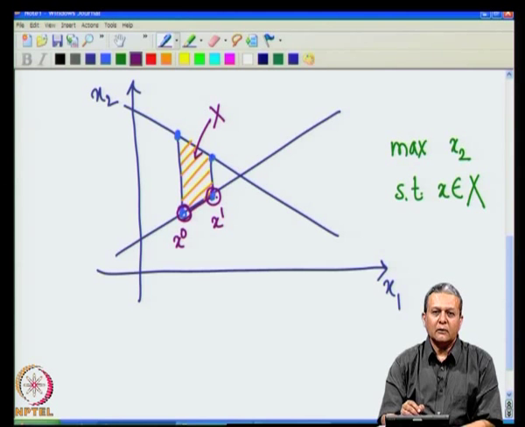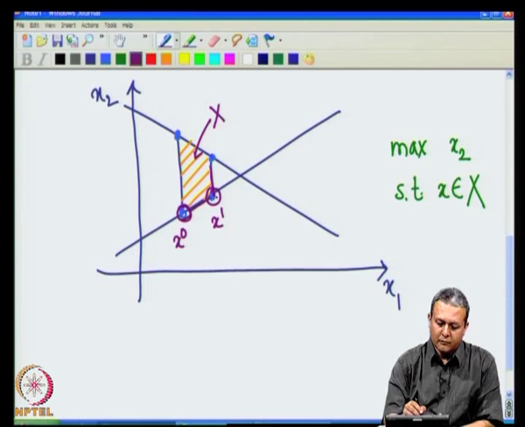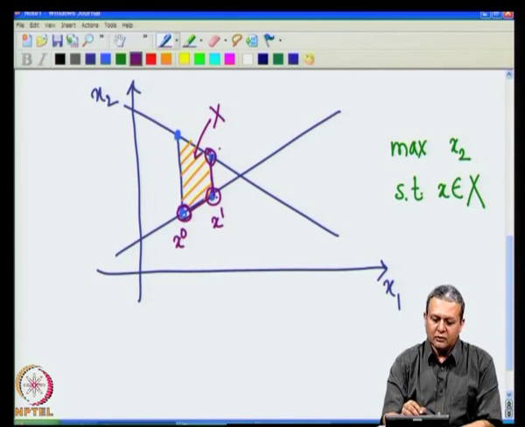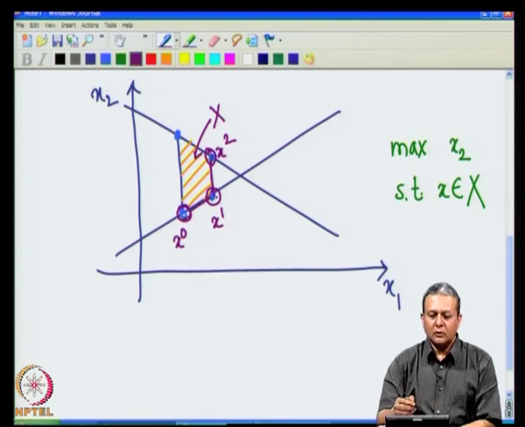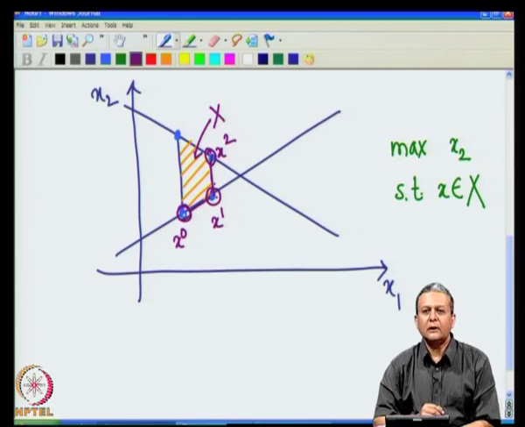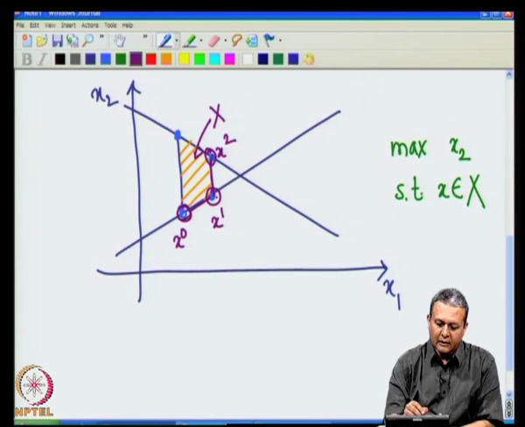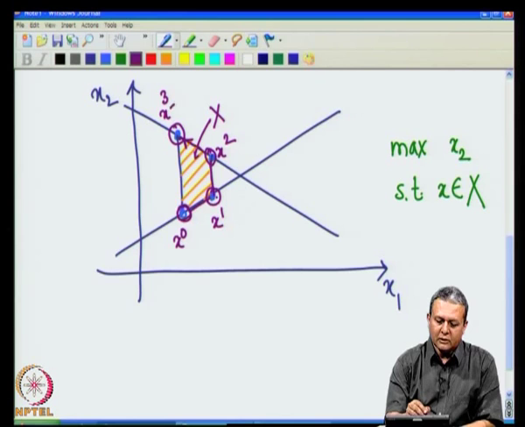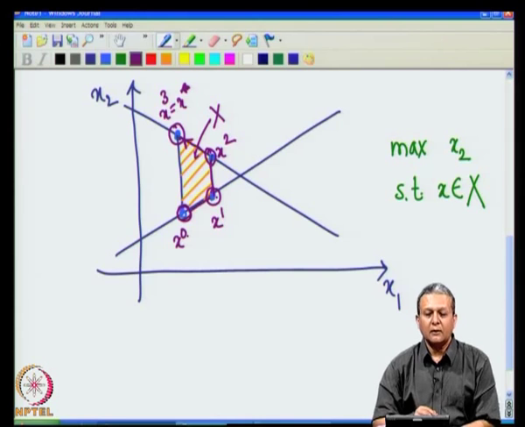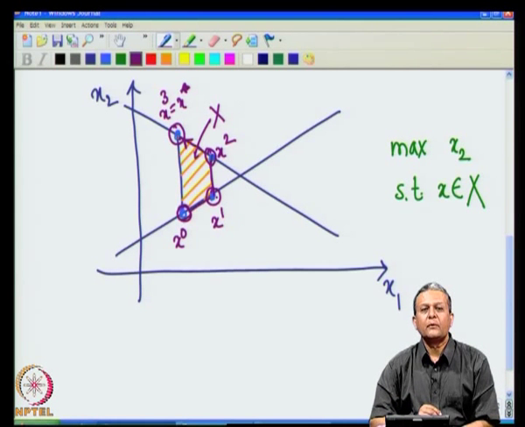Now, from x1 there is only one way to go to improve the objective function value, and that is here. So, this is the point x2, and from x2 again there is only one way in this case to improve the objective function, which is to move along this direction, and this is x3, which is also equal to x star, because as far as this feasible region is concerned, this vertex has the maximum x2 value.